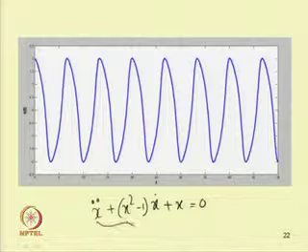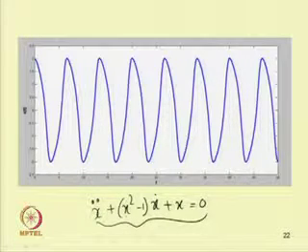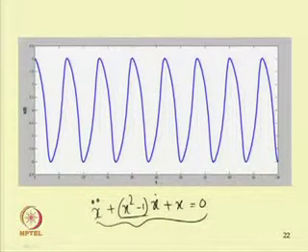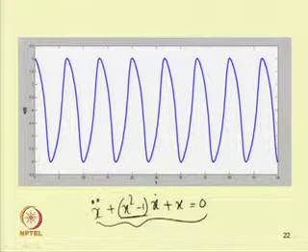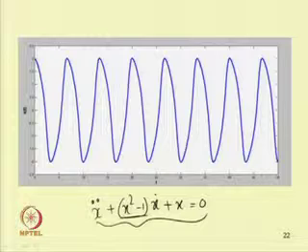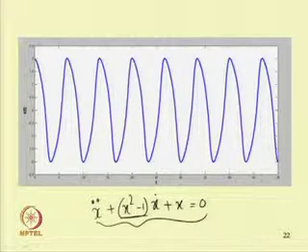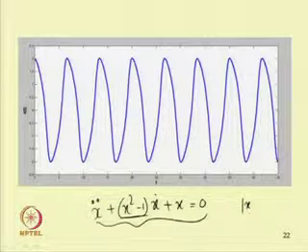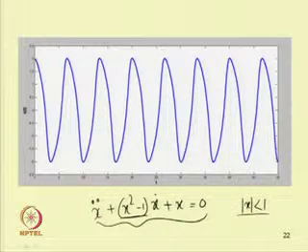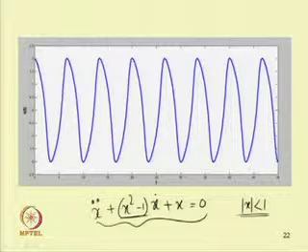One can observe that this term, which is the coefficient of x dot, is similar to damping. It will be negative if mod x is less than 1, and it is positive if mod x is greater than 1.